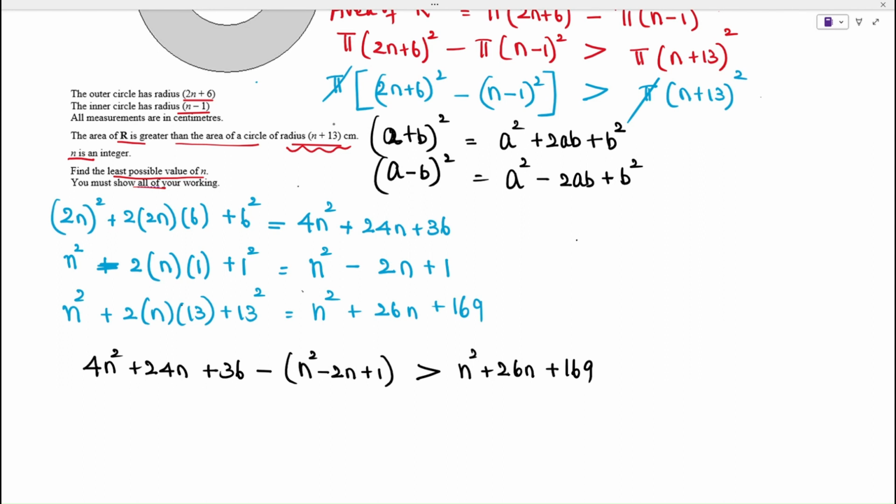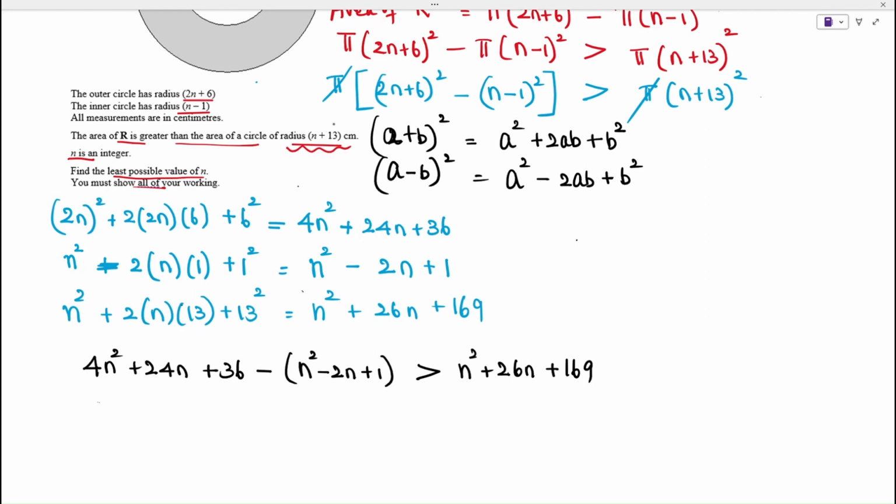Now we're taking the minus outside of our (n − 1) the whole squared because that's how it's given in our question. And then we're also going to have to multiply everything inside our brackets by −1. So if we keep it outside, it will help us to remember and we don't go wrong when we're multiplying by −1 because of the change of signs.